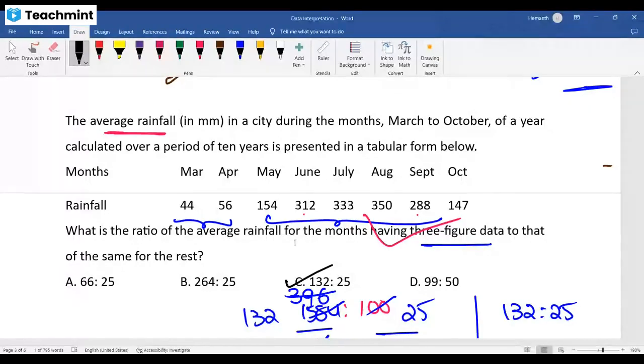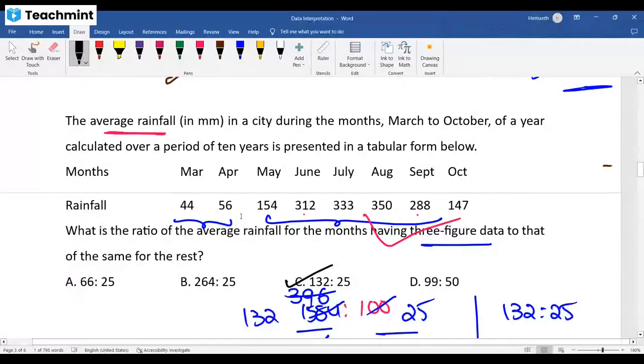Now they are asking average rainfall for those months, so for that we have to do average. That makes sense. So sum divided by number of months, if we calculate, we'll get 132 and 25.